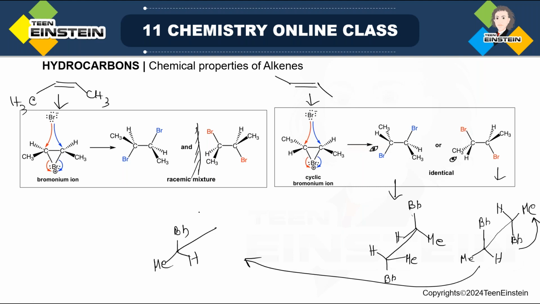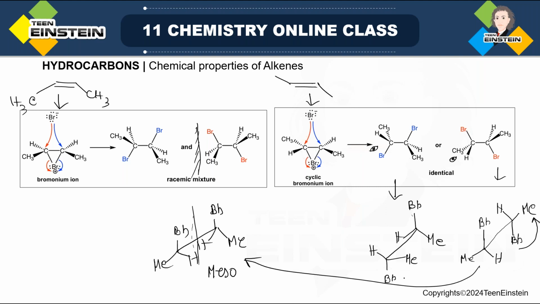So why am I rotating this molecule? Because only in this way you will be able to understand that there is a sigma plane present. If you cut the molecule along this point, you will see both halves are actually the same. So there is an internal plane of symmetry. And when there is an internal plane of symmetry, that means this compound is nothing but meso.